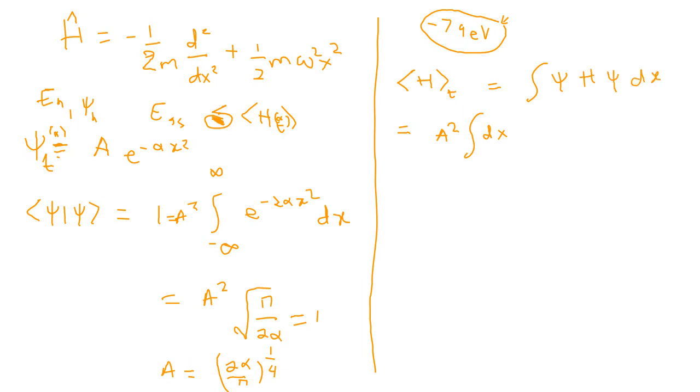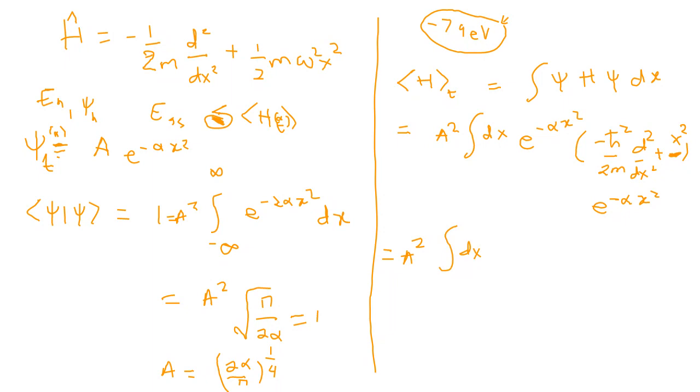So you end up with e to the minus alpha x squared, then minus h bar squared over 2m d2 over dx squared, plus, because of space, I'm going to ignore the m squared omega. It's just an x squared term multiplied by e to the minus alpha x squared, right? So this gives you A squared, integral dx.